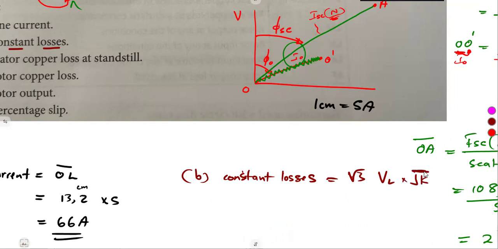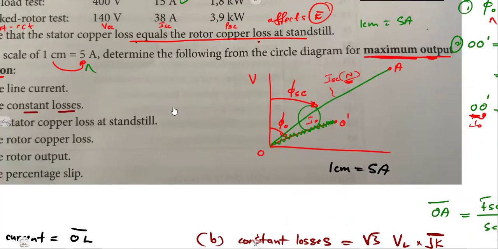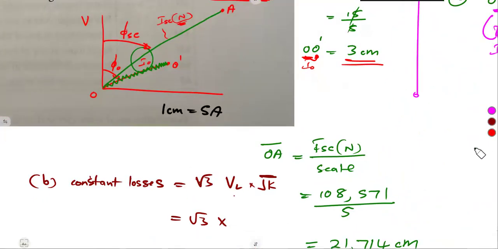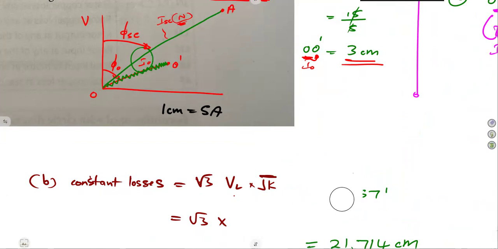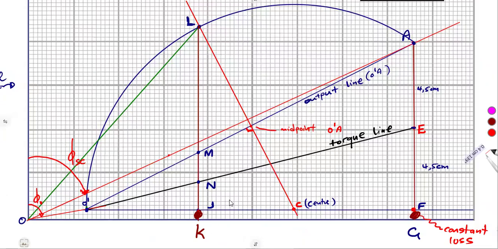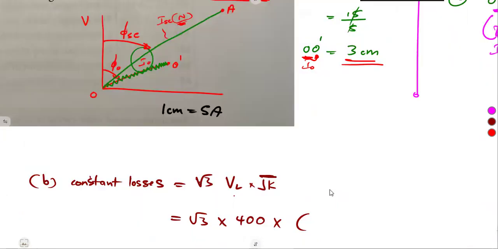So the JK is a vector. We must take the exact value. Remember, from the properties that we're given, the line voltage is 400 volts for that three-phase. So this is 400 volts times, you measure from J to K. If you were to measure that one, it was going to give us 0.5 centimeters, something like that.